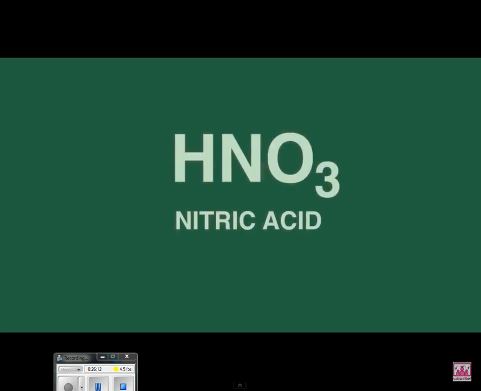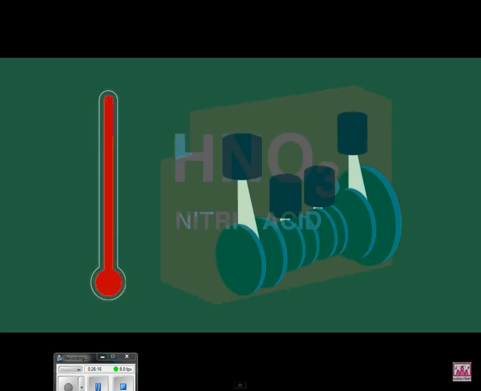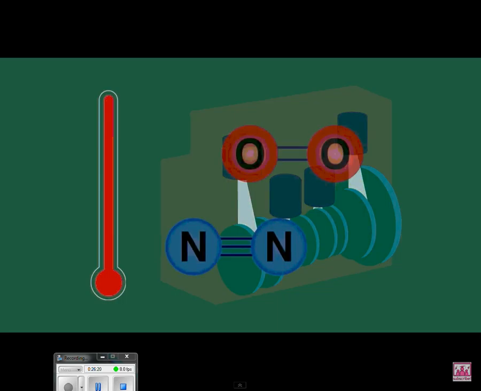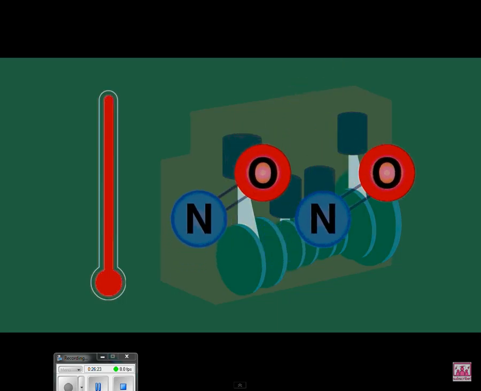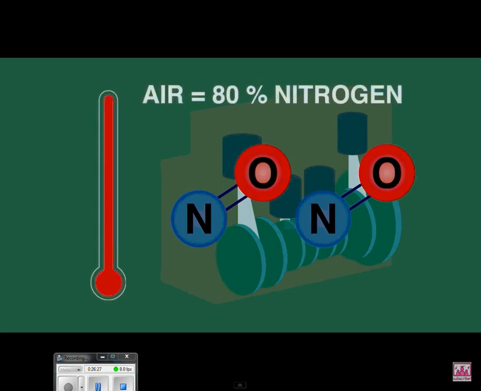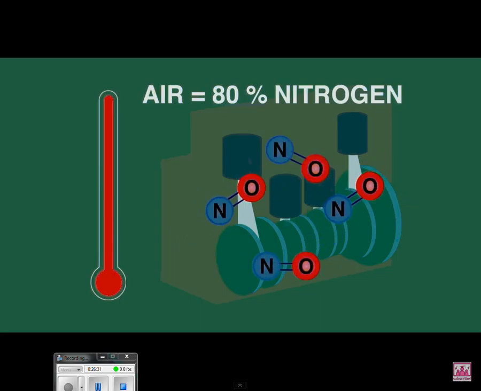Let's now consider how nitric acid gets into the rain. In the high temperature conditions in the cylinders of our motor vehicles, a small amount of nitrogen and oxygen from the air can react. Remember that air taken in to combust the fuel is nearly 80% nitrogen. So exhaust gases from vehicles contain small but significant amounts of nitrogen oxides.